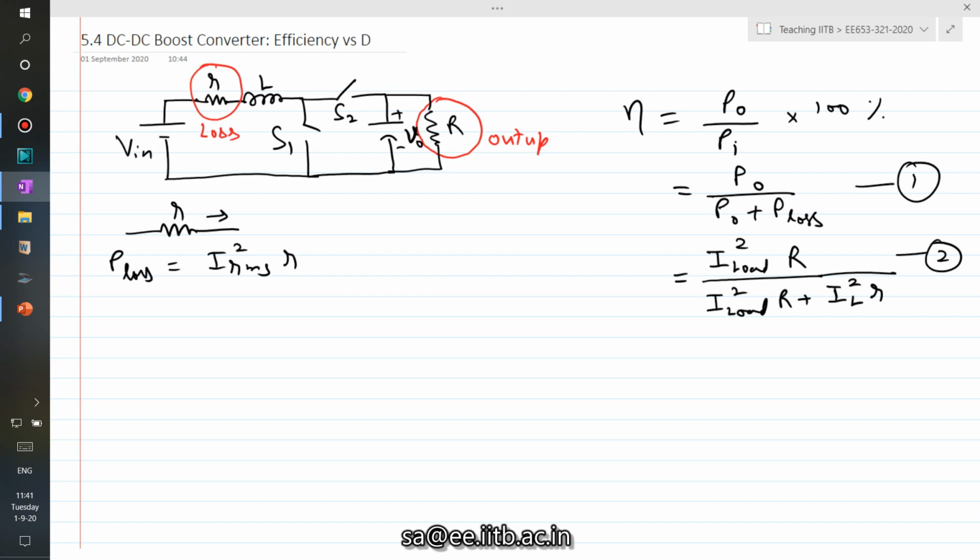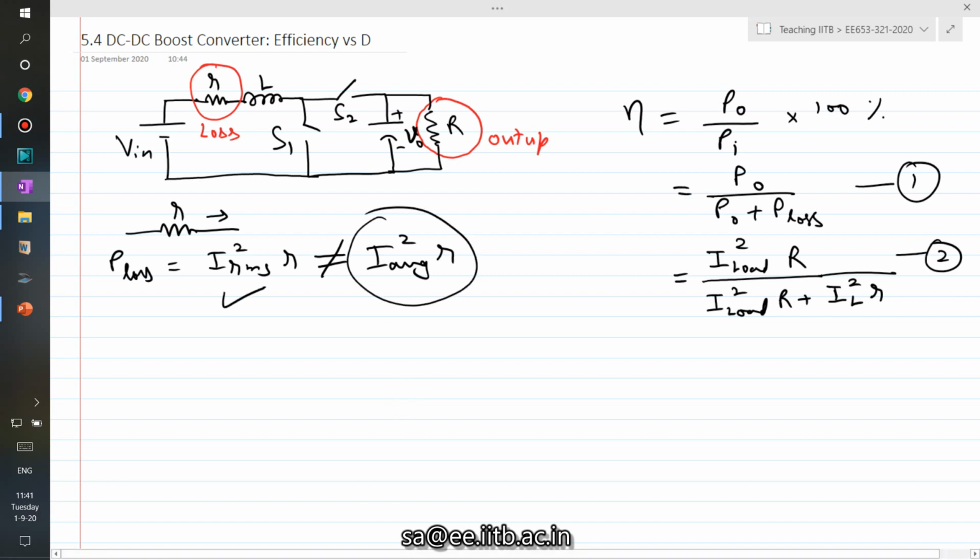But power loss in a resistance is RMS current squared R, which is not equal to the average current squared R, unless obviously average is equal to RMS. Other than that, this is not the correct definition, this is the correct definition. But as you understand, if it is a DC current, then both values would be equal.